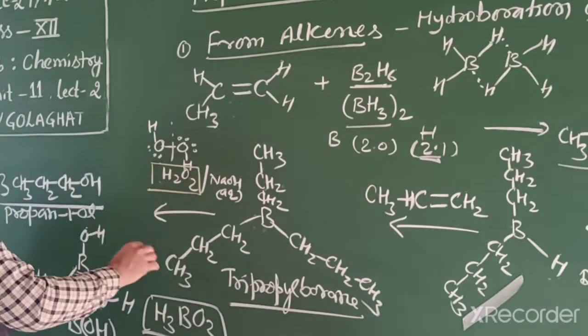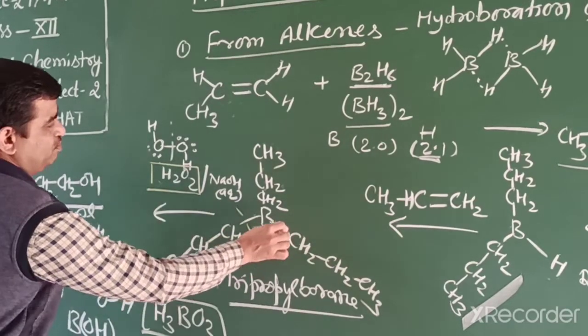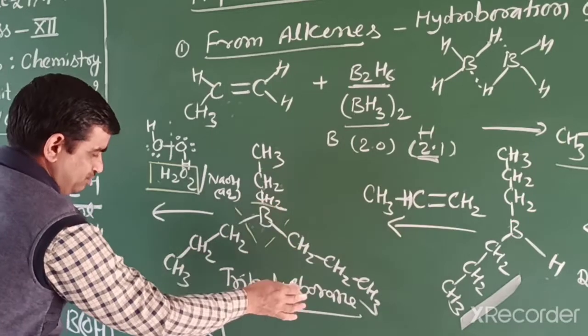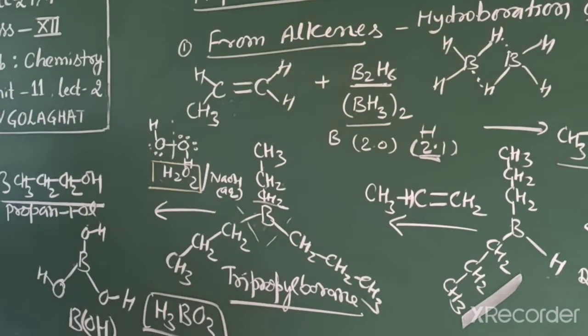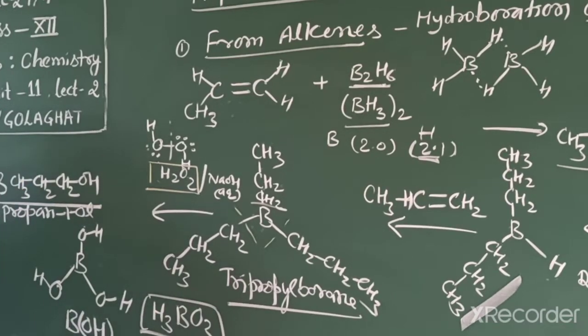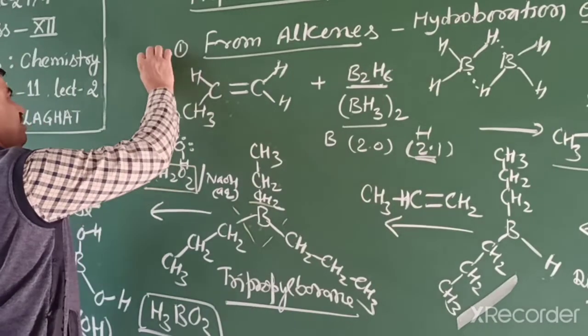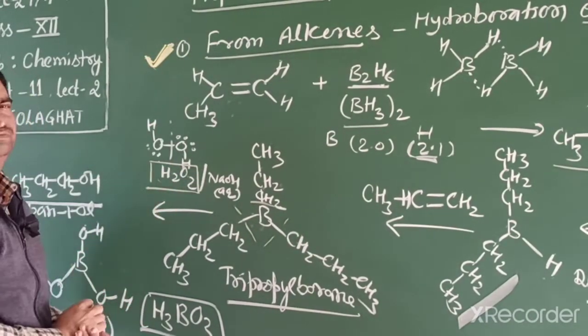It has chair shape, and with aqueous sodium hydroxide it dissociates these bonds and we get OH on one side, and OH on the other side also. So it dissociates and we get boric acid and propan-1-ol. So this is the most important reaction of alcohol. Many times we get conversions in this reaction.